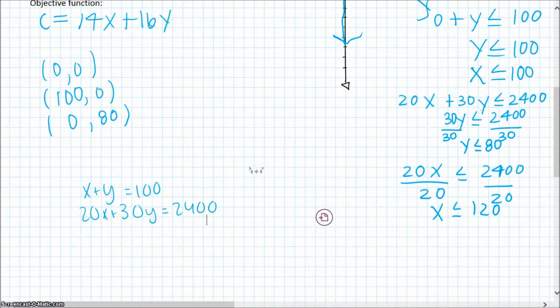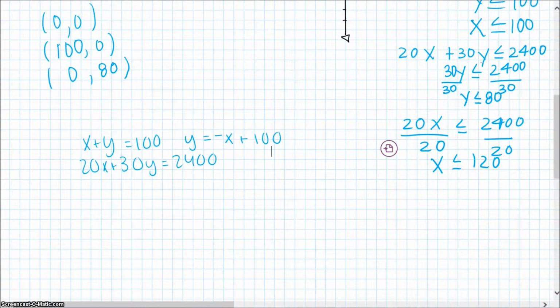To use substitution, we have to solve one of these equations for x or y, and we'll just do the top one since it's easiest. So y would equal negative x plus 100. In substitution, you just substitute your first equation into your second equation.